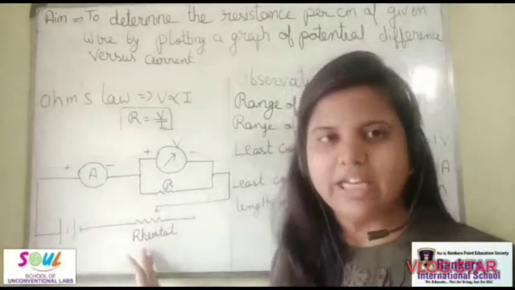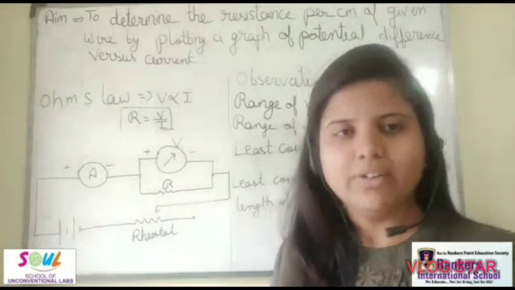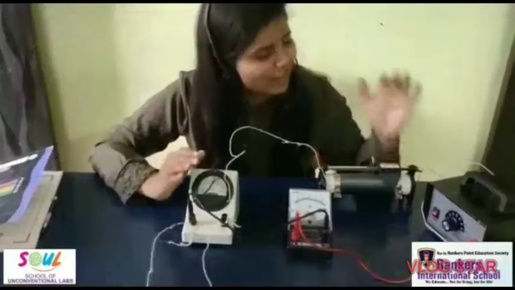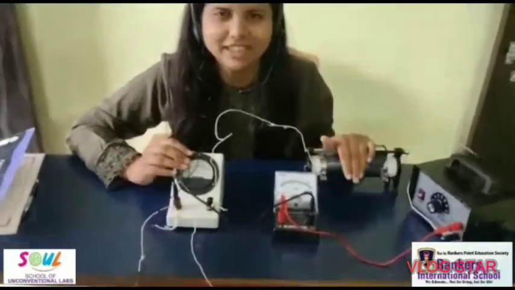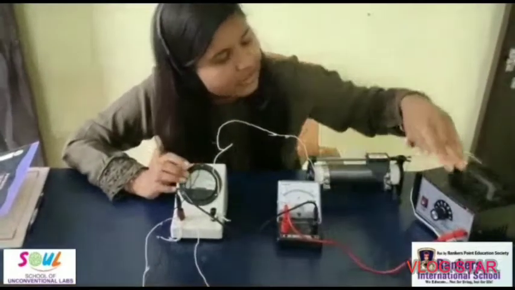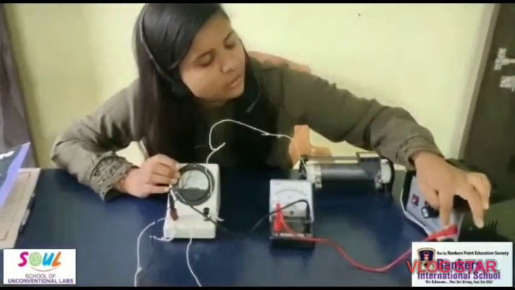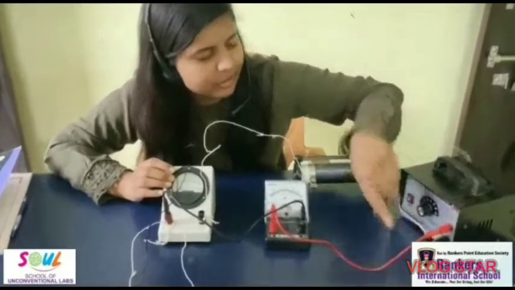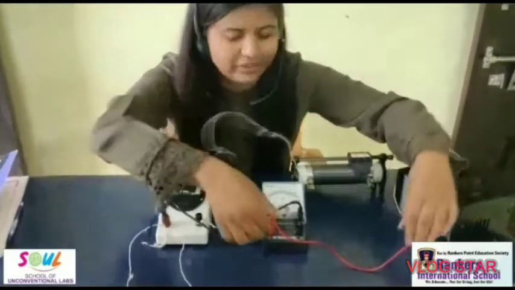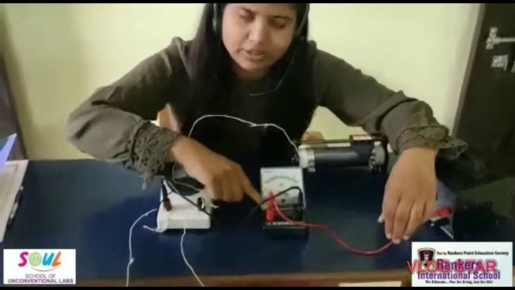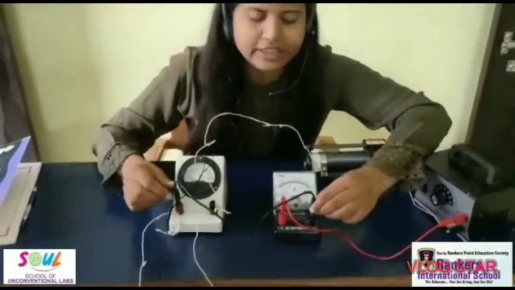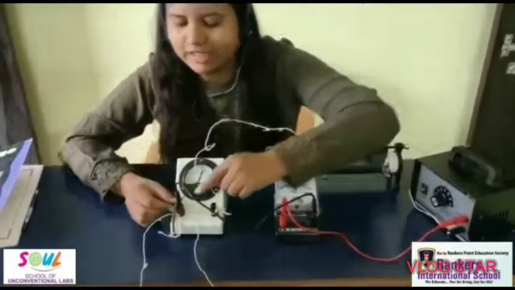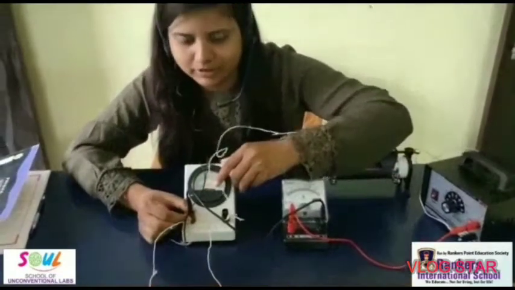According to the circuit diagram, we are connecting our devices. Here the red shows the positive terminal and the black shows the negative terminal. So the positive terminal of the battery is connected with the positive terminal of the ammeter. The negative terminal of the ammeter is connected with the positive terminal of the voltmeter.